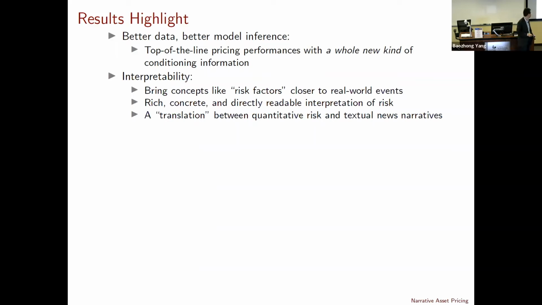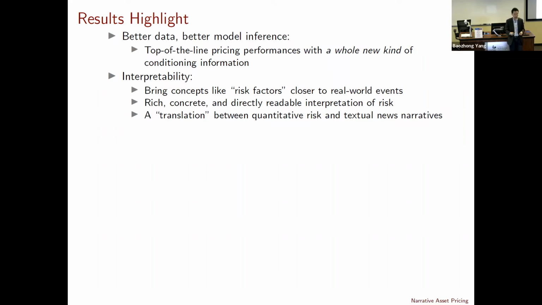And I think maybe a little bit fancier part is the qualitative part that really brings better interpretability, right? So we're essentially building a connection between quantitative risk factors, this kind of abstract concept, and we are bringing that closer to the real world events, to real world things that you can actually read.